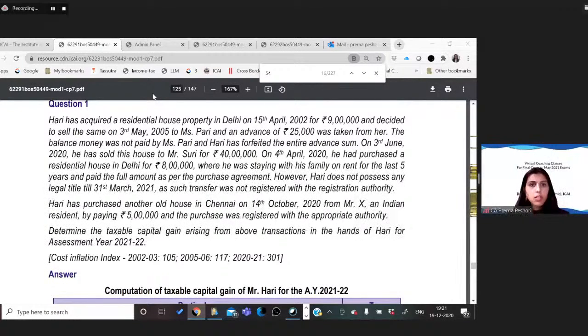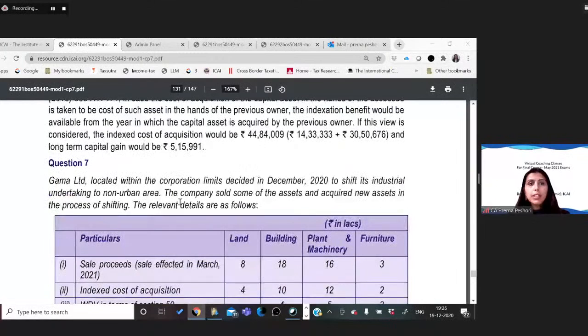Let's solve this question. Gamma Limited located, not 54GB, sorry. This is on 54G. Gamma Limited decided to shift its industrial undertaking to non-urban area.